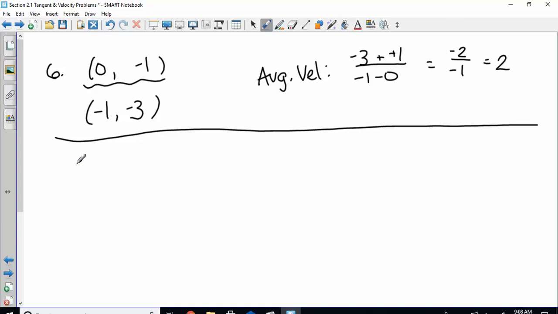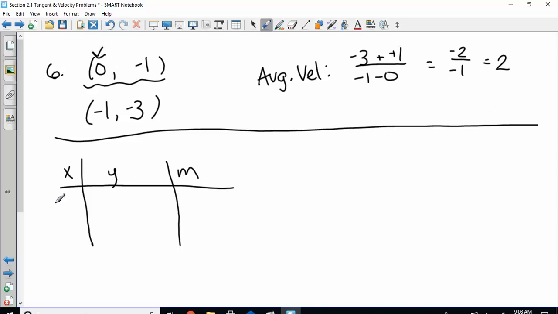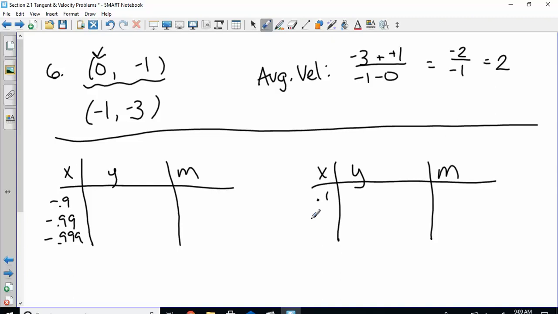So this is my left endpoint. That's where you're making the table. So your x, your y, and your m. And what should your x be getting close to? The 0. So we might do like smaller than 0 would be a -0.9, -0.99, -0.999. Bigger than 0 might be 0.1, 0.01, 0.001.